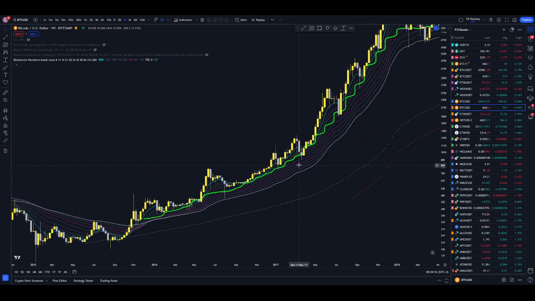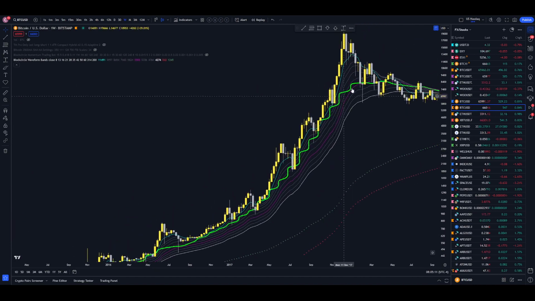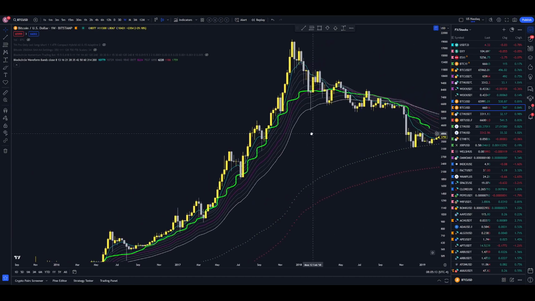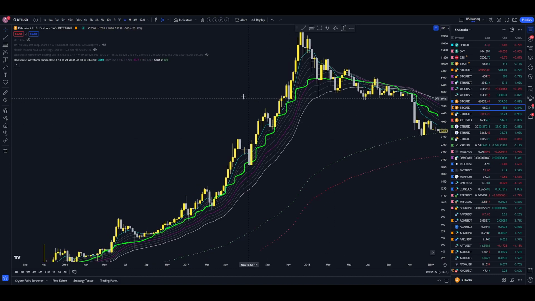And so this green line I've drawn is roughly outlining the 8 EMA on the monthly. It's not perfect, but you can see that it tends to float somewhere between the bottom of the bands and the middle, depending on the time of the month, of course, where the weekly is. And you can also see that upon losing support of this monthly 8 EMA, we've also lost support of the weekly bands.